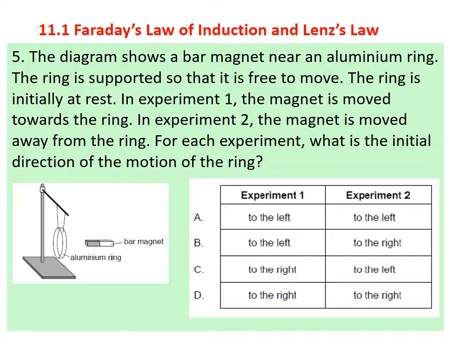It moves such that it wants to enhance that field strength. It's trying to counteract the fact that suddenly this magnetic field is diminishing, so it will move towards the magnetic field. So the magnetic field causes the aluminum ring to move in a way that resists any change in the magnetic field. Hopefully that makes sense.